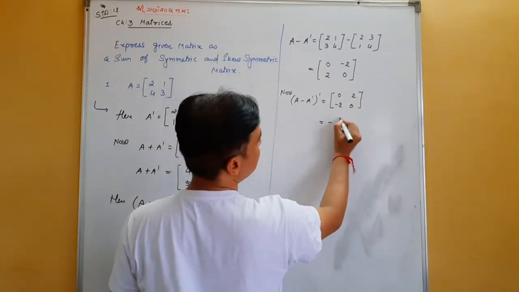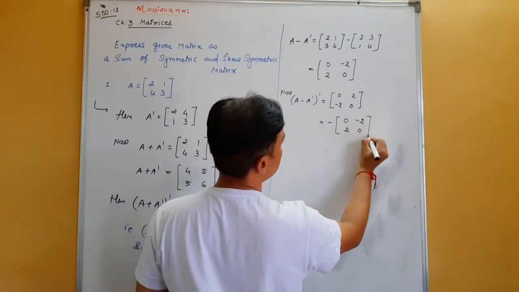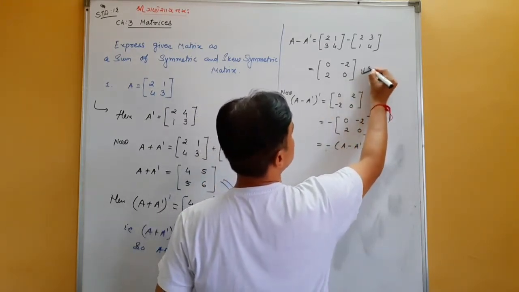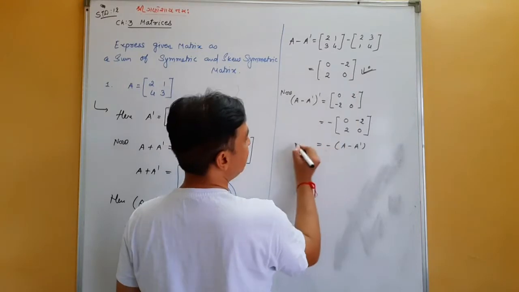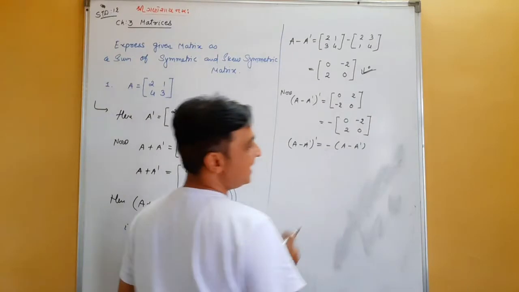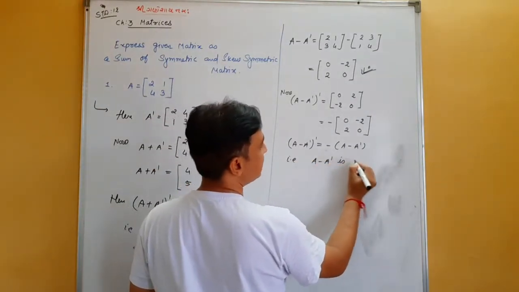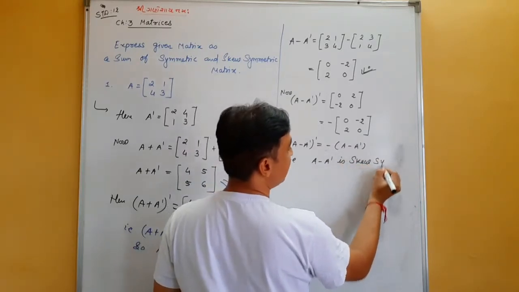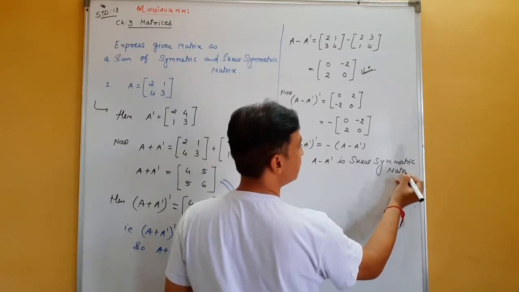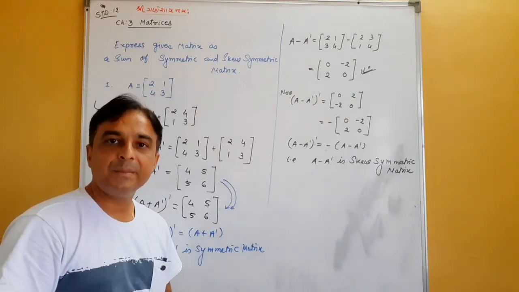Take minus common from this one, so we have -[0 -2; 2 0]. This is A minus A'. That means (A minus A')' is equal to minus (A minus A'). So A minus A' is a skew symmetric matrix.